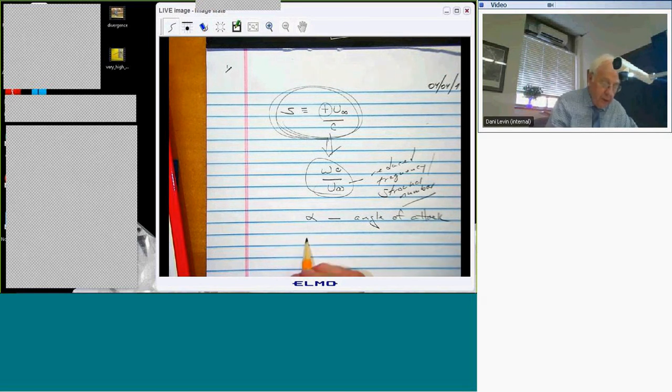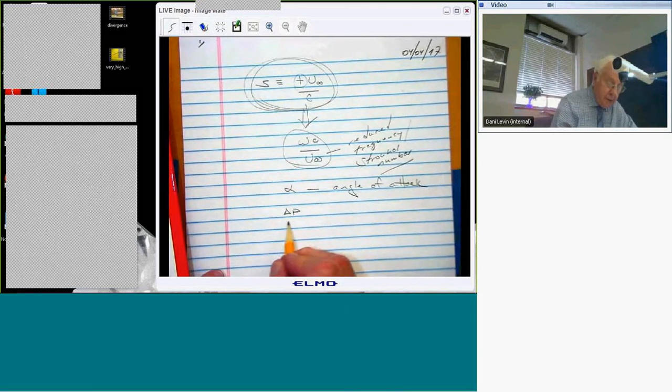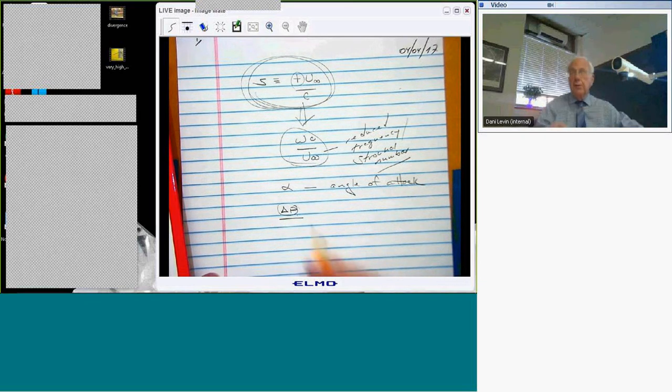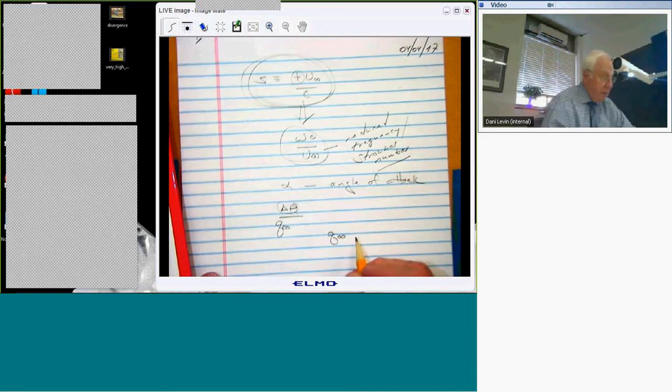And then we're going to look at a non-dimensional pressure distribution. So we're going to non-dimensionalize the pressure. Delta P means the pressure from the bottom to the top, right? It's the net pressure across the airfoil. We're going to divide by the dynamic pressure. Remember what the dynamic pressure is?